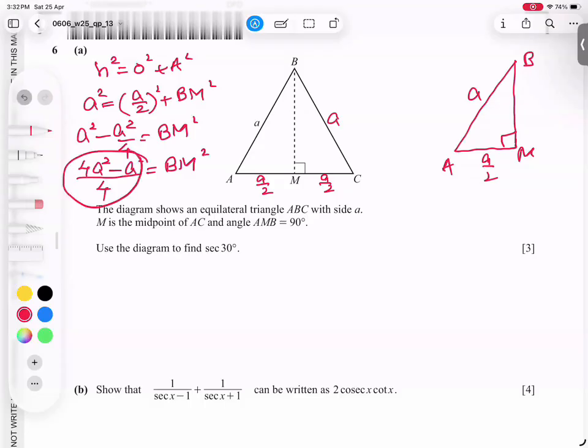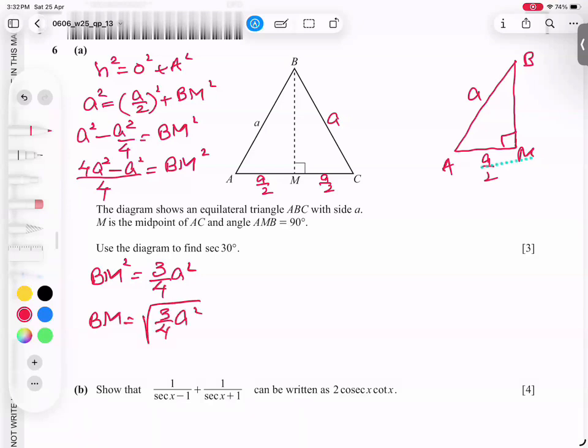This becomes 3 over 4. So BM squared is 3 over 4 A squared. Take a root. If we eliminate the powers of 2, we get root 3 by 2 outside, A outside. So this is BM.